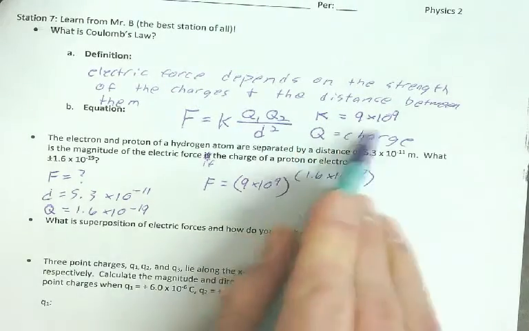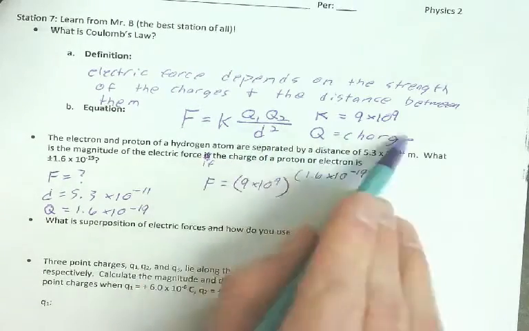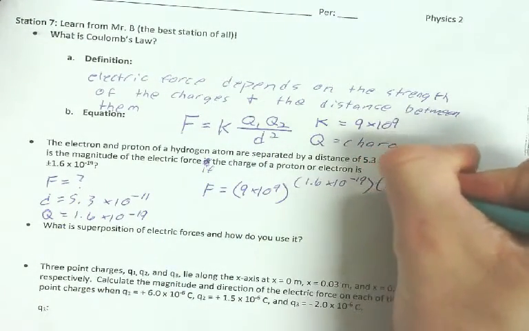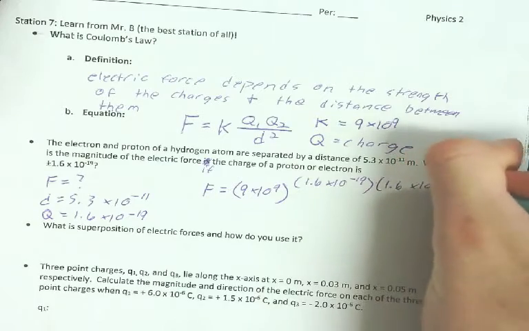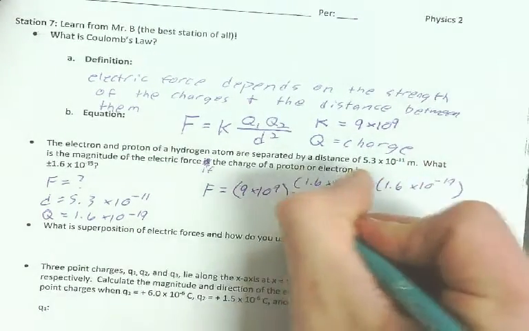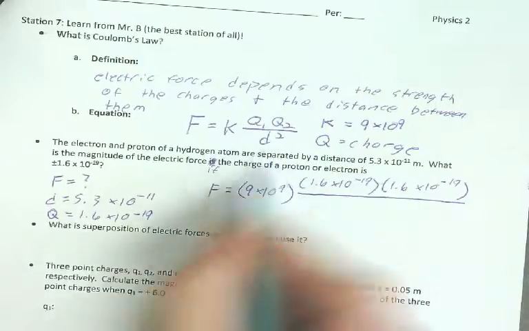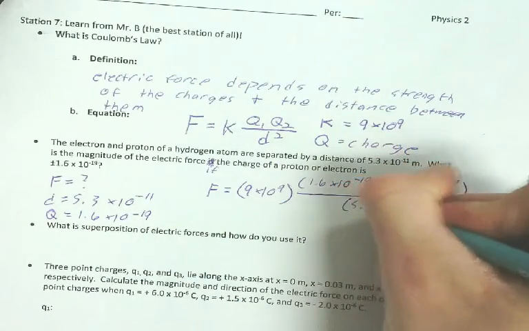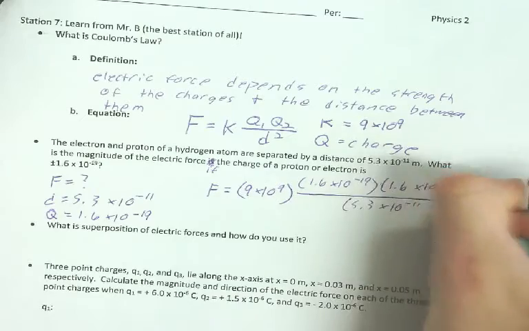Times Q2, which is also 1.6 times 10 to the negative 19th. Divided by the distance between them, which is 5.3 times 10 to the negative 11th, and that is squared.